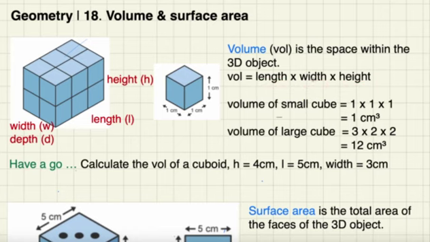So length multiplied by width multiplied by height. For instance, this is 1 centimeter by 1 centimeter by 1 centimeter. It's a cube, and substituting the numbers for the variables, the volume is 1 multiplied by 1 multiplied by 1. When you do that multiplication, you end up with 1.